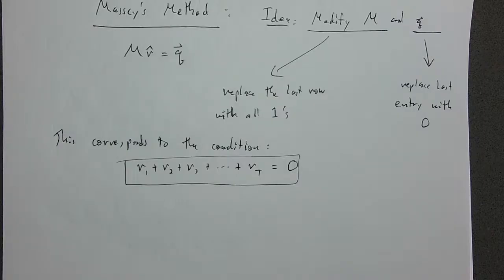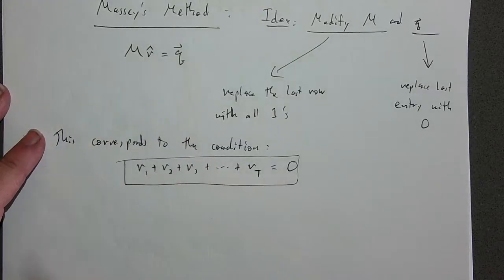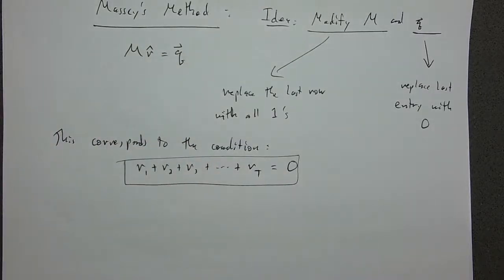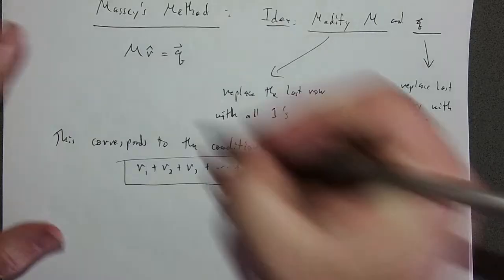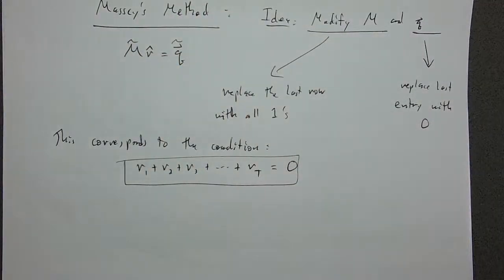We know that positive numbers are bigger than negative numbers, and we know what the difference between a smaller negative number and a more negative number is, or a less negative number. We understand how order works on the real line. So this isn't going to impact us. So that's what happens. I'm just going to call the new matrix we get M and the new vector we get Q, and I'm not going to put a tilde over them or anything. Sometimes you'll see something like this to indicate they've been changed. That's fine, but I'm not going to do that.